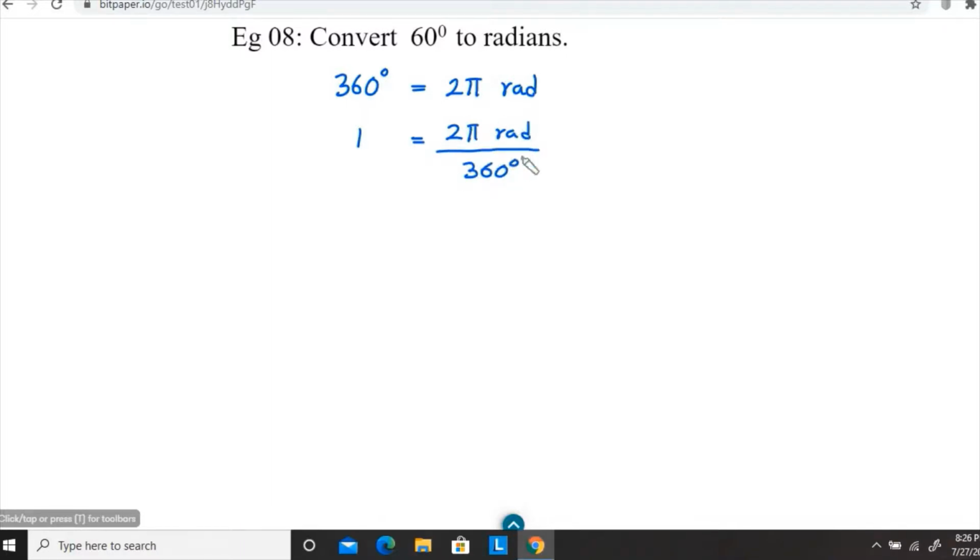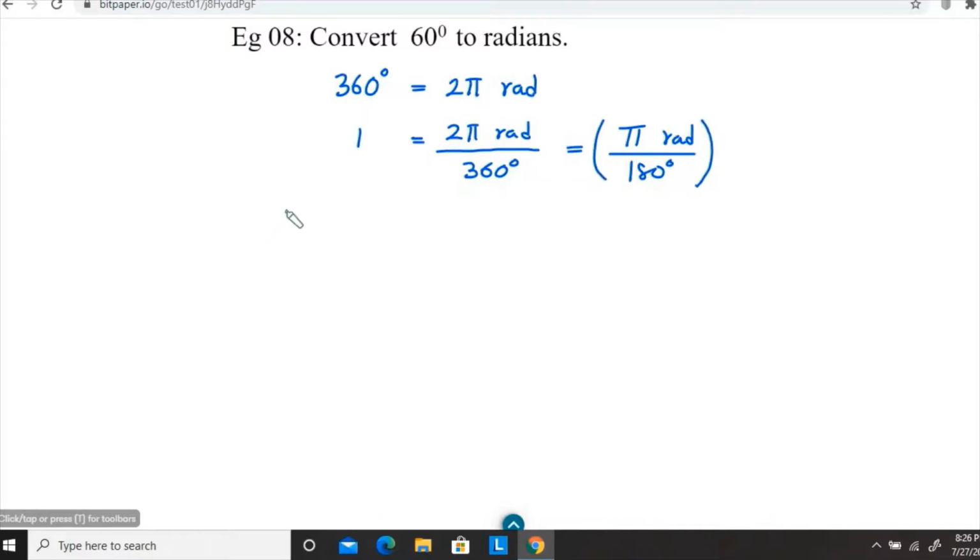So this is going to be our conversion factor. However, you can see the numerator and the denominator can be further simplified. As a result, I get pi radians over 180 degrees. So that's going to be my final conversion factor.